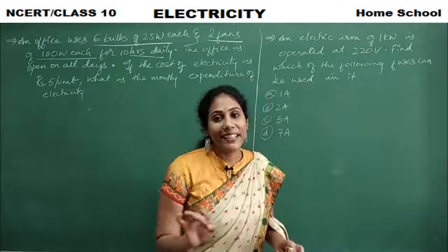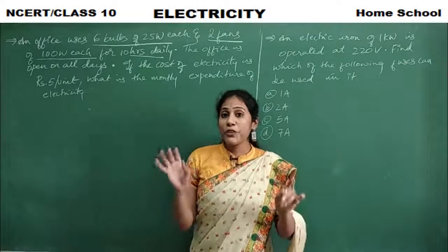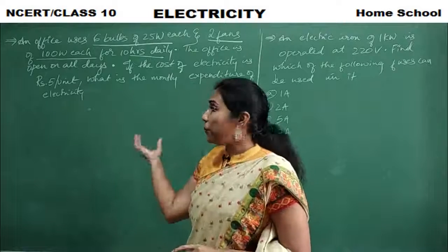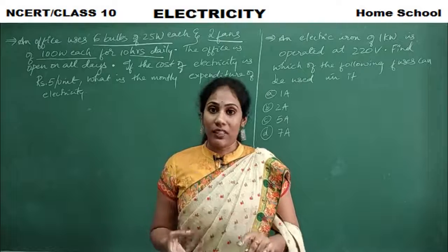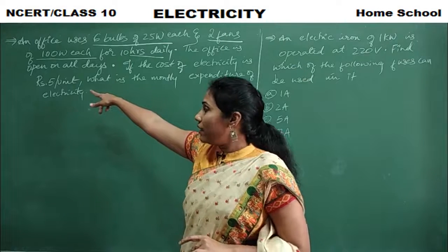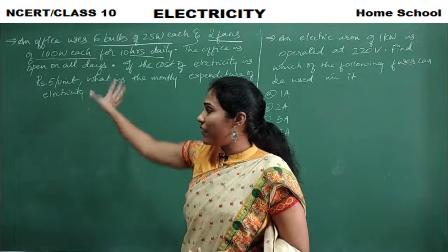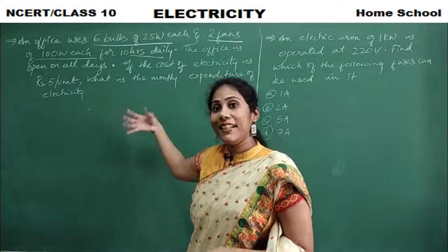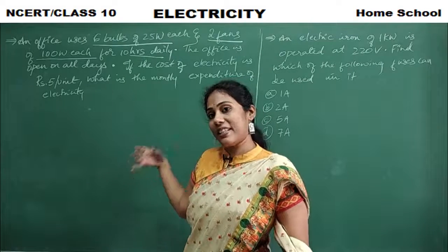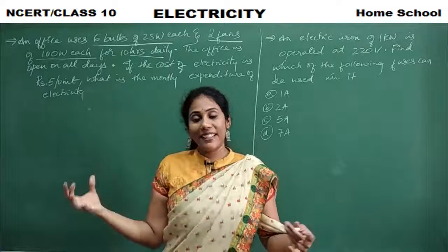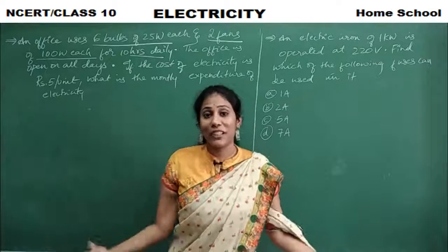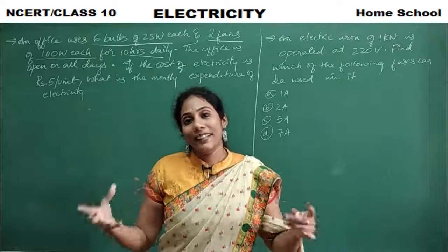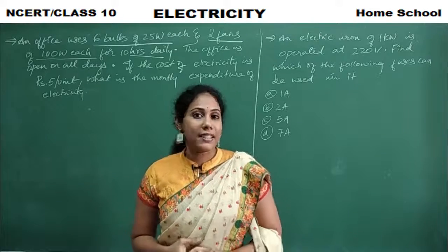So what you have to find here is the total energy consumed in a month, in kilowatt hour. 1 kilowatt hour amount is 5 rupees. So the total kilowatt hours consumed in a month is how much they are asking. The total monthly bill of electricity they are asking.